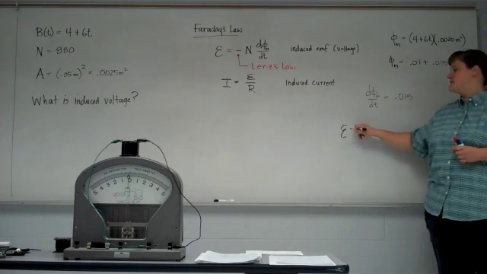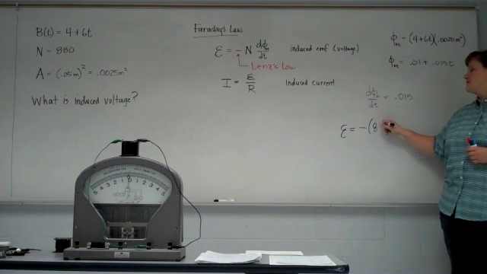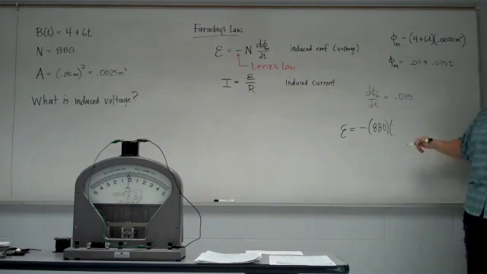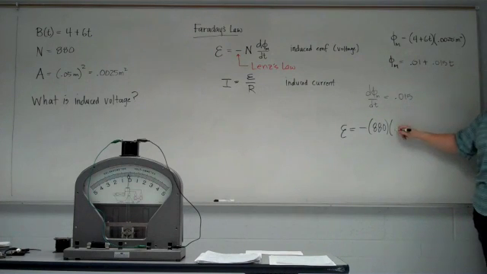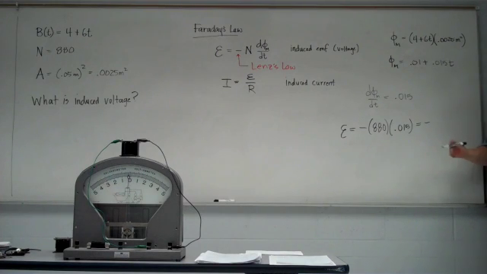So the induced voltage will be negative the number of turns times the derivative of the flux. So the induced voltage would be 13.2 volts. Which, if we have the resistance of the coil, the R value, we could easily find out how much current was induced in that coil.